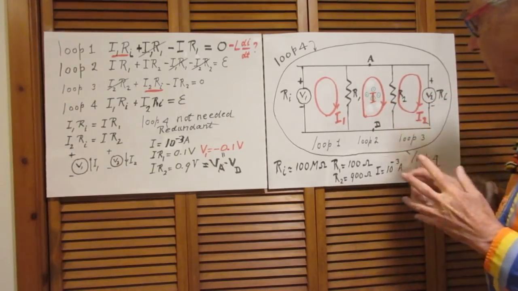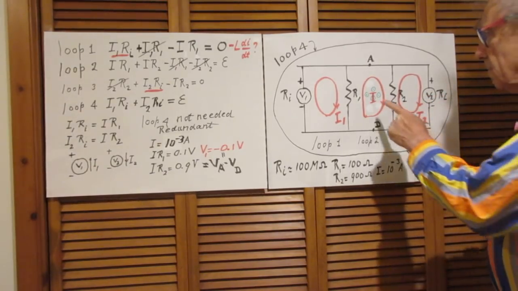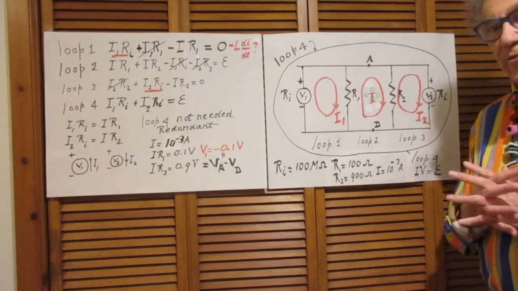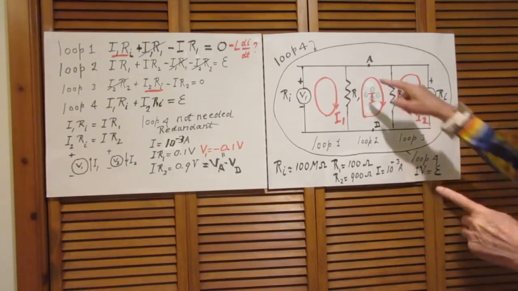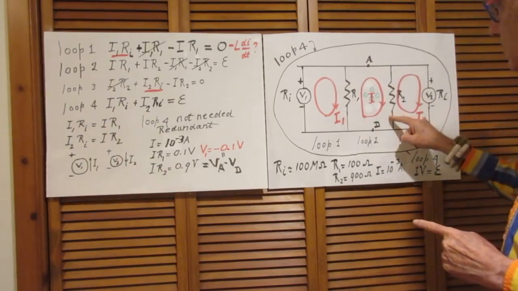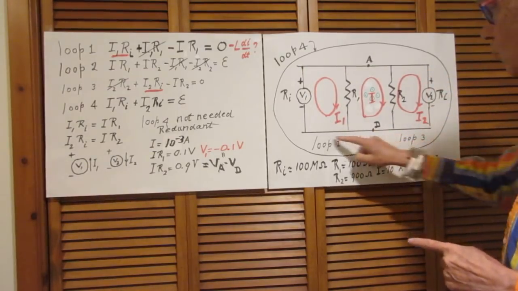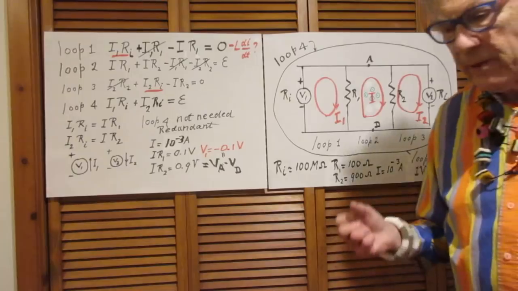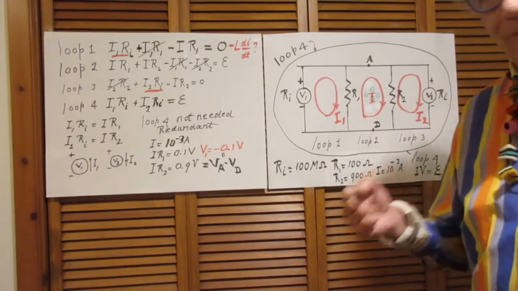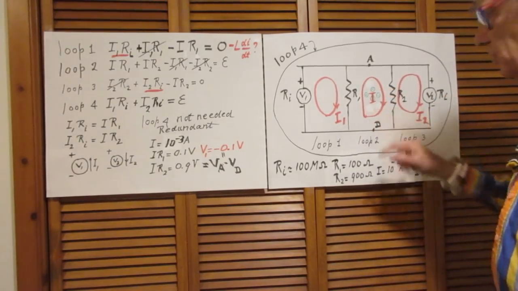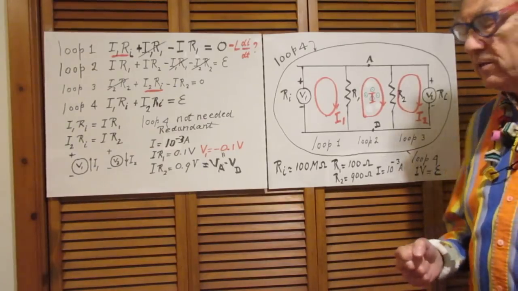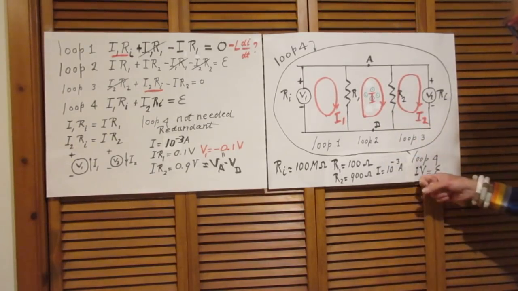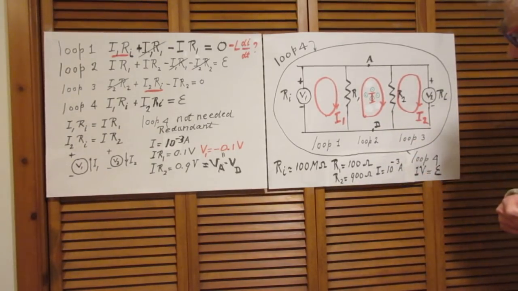We choose a moment that the induced EMF, due to Faraday's law, in this loop, and therefore also in this loop, is 1 volt. So I pick the moment that my magnetic flux changes in here, because I turn on the electromagnet, is such that I get an EMF, electromotive force, of 1 volt.